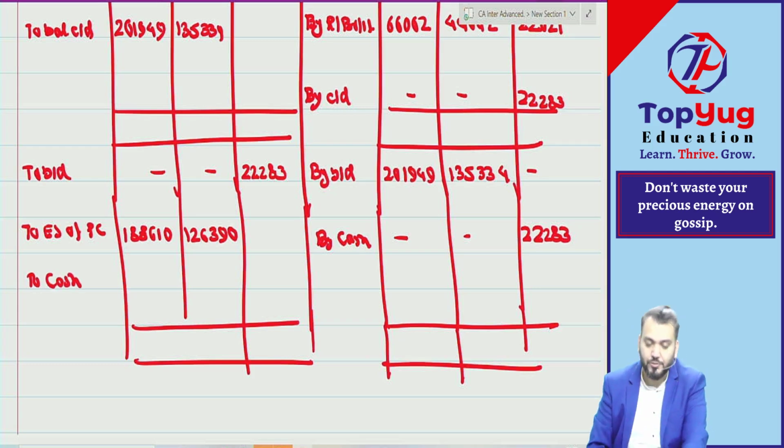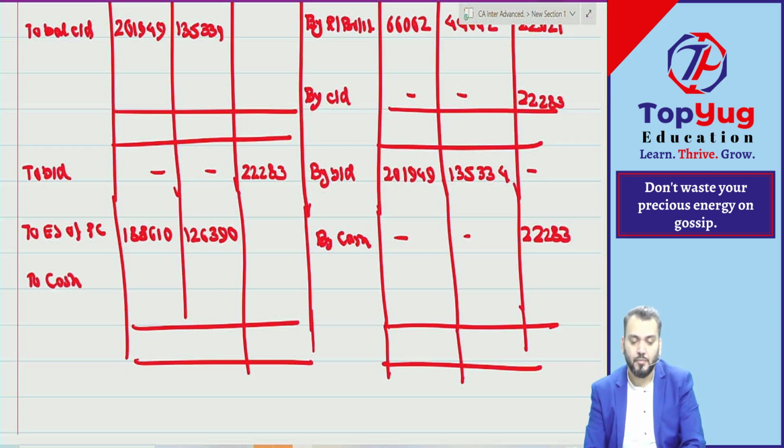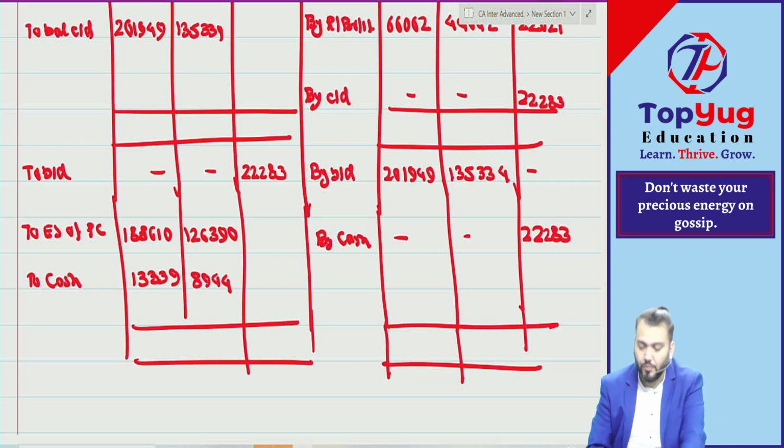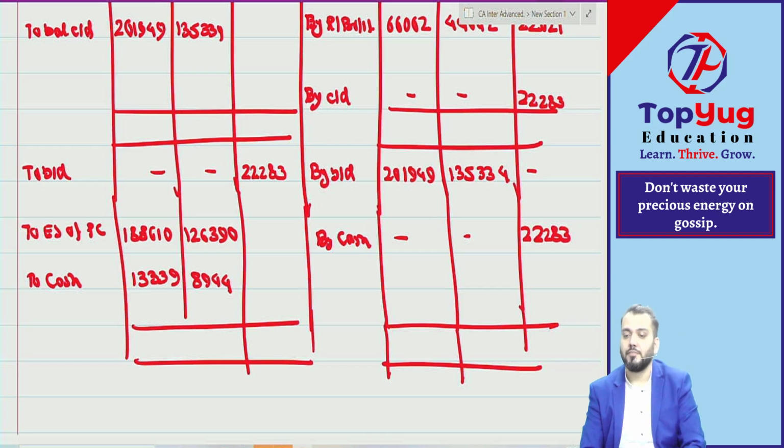To cash how much? 13,339 and 8,944. Done.